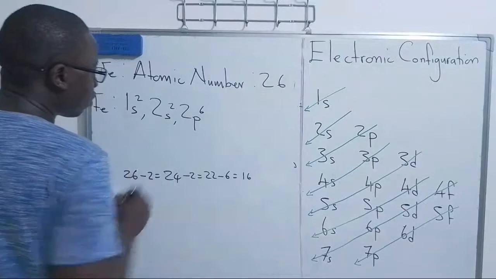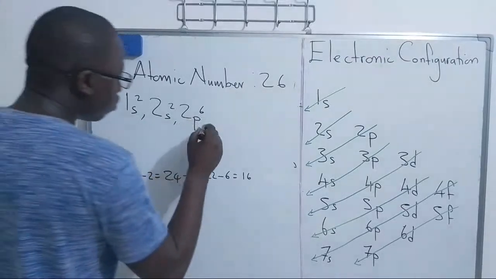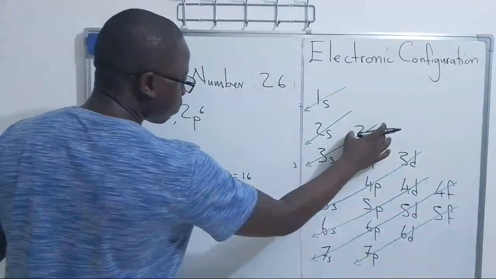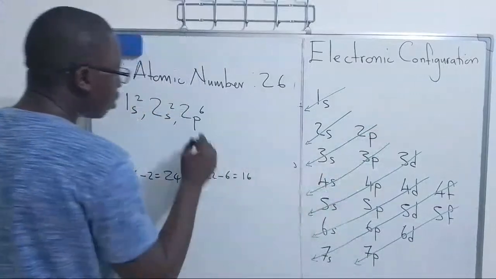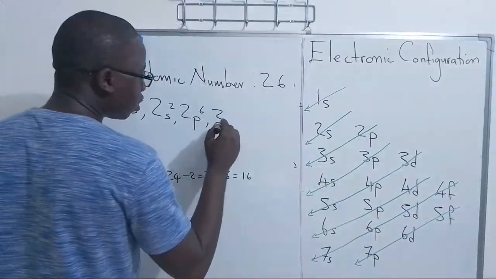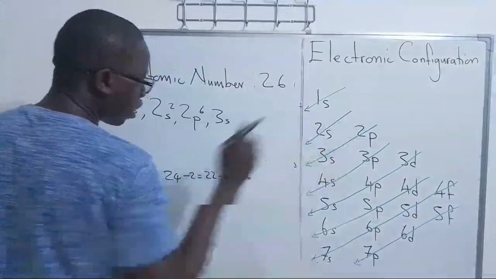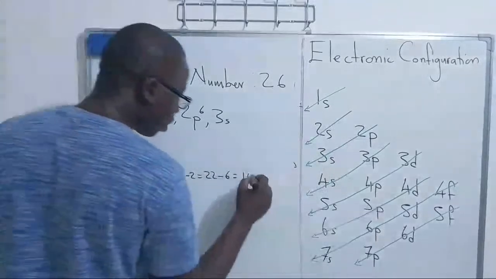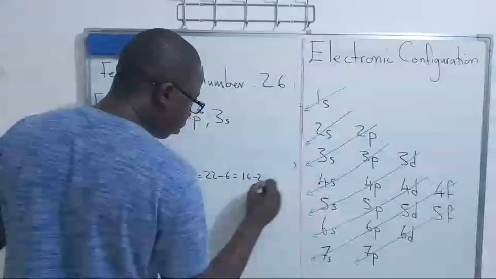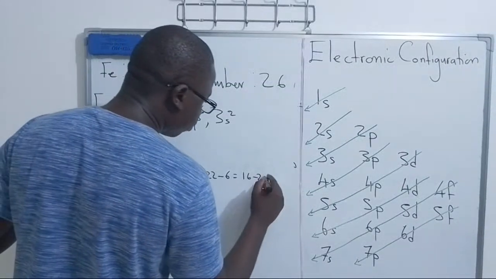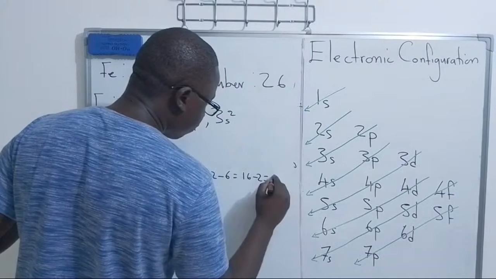Then you put 6 there. Then you go to the next. From the 2p, we are going to 3s. S orbital can only have 2 electrons. So we are putting 2 there. From 16, if you remove 2, you have 14.